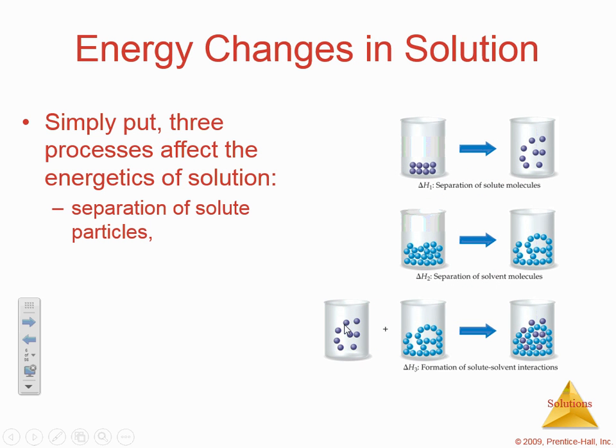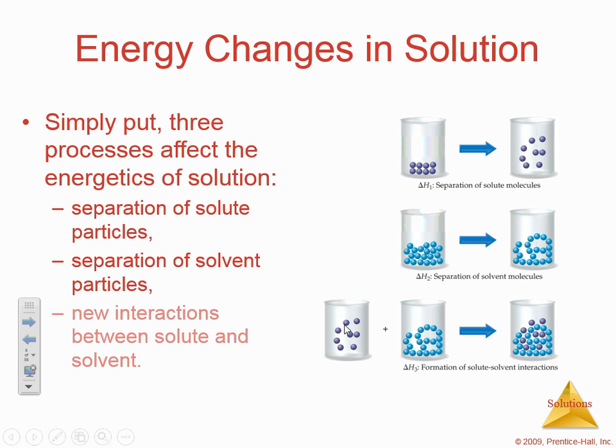Now, if we talk about energy changes in solution, it's a three-step energy process. There's three ways in which enthalpy is being formed in a solution. And the diagram does a great job on this. First, there's the enthalpy or the heat needed to separate the solute molecules. Second, there's energy needed to separate the solvent molecules.